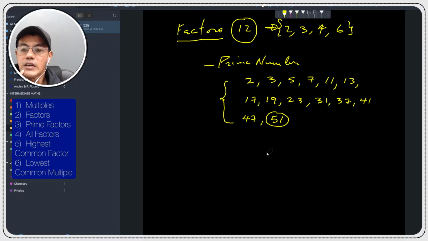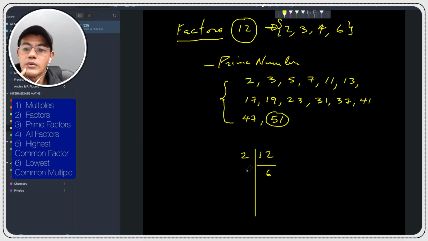So you have 12, and let's decompose 12 into all its factors. Let's start with the lowest prime number, which is 2. Can 2 go into 12? Yes. So 2 into 12 will be 6. Then, can 2 go into 6?